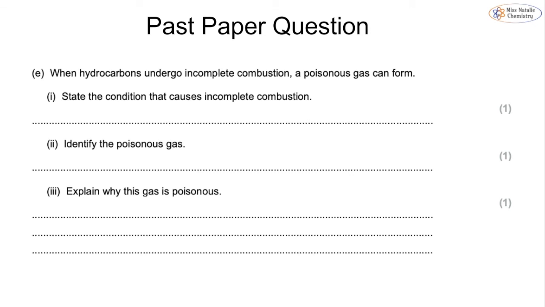So when hydrocarbons undergo incomplete combustion, a poisonous gas can be formed. We first of all want to state the condition that causes the incomplete combustion, and this is insufficient or lack of oxygen.